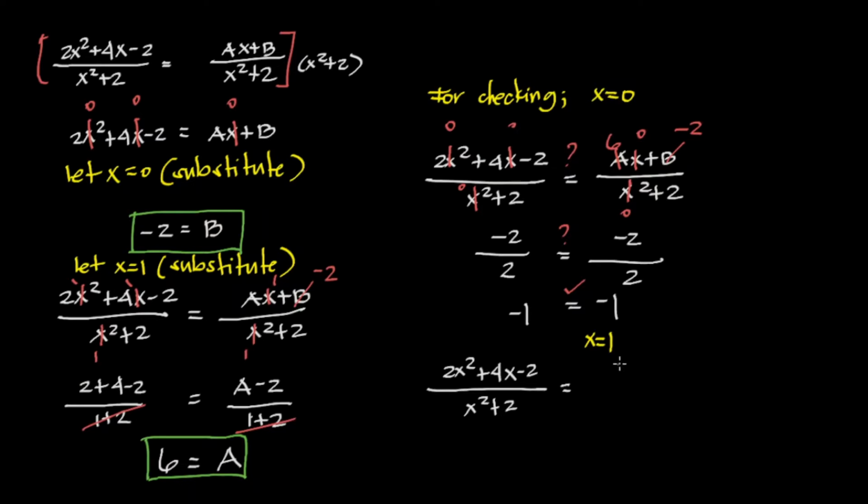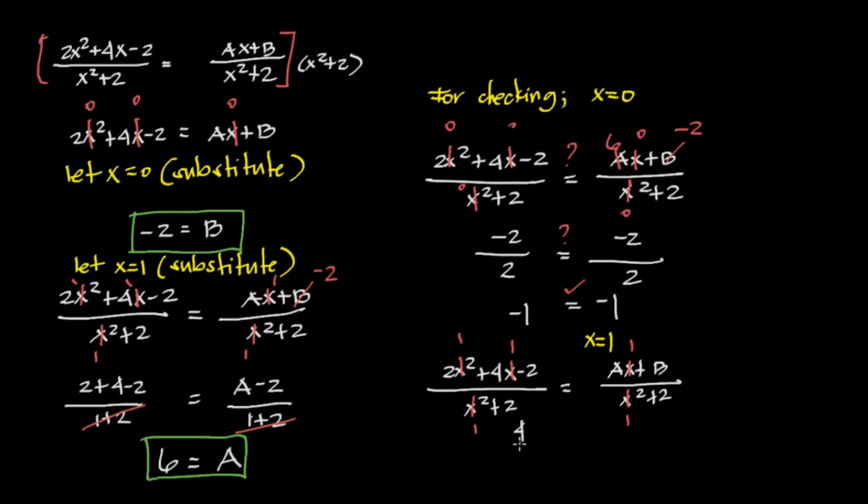So, sa kabila is ax plus b over x squared plus 2. So, substitute natin yung value ni x which is equal to 1. So, sorry. We have 1. That's 1. That's 1. This is 1. This is 1. So, ilan ba yan? 1 squared, 2 plus 4, that's 6 minus 2.